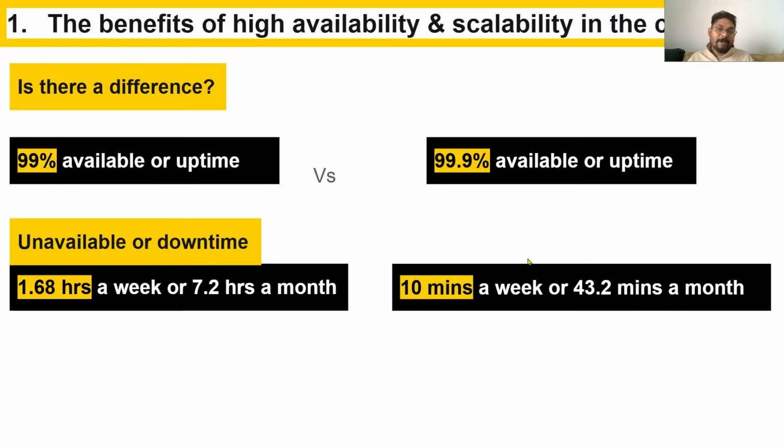So 99.9% guarantees you more availability. It depends on the services. Azure, based on the services that you're taking, will give you the SLA. Now let's say I want to go for 99.9, so there is a higher cost. When I go for higher availability, there is always a higher cost for that kind of service.